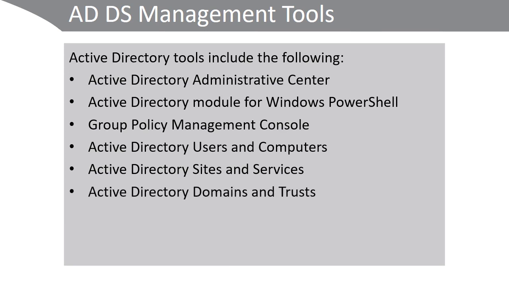This is used if you have multiple forests or multiple domains and you want to manually configure trusts between them. Trust is a way of allowing users in one location or one domain to access resources in another.